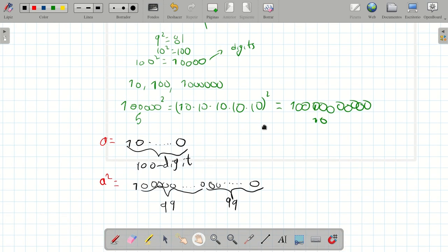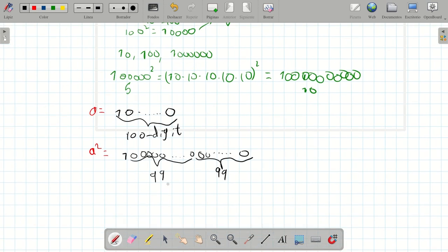So you can recall that if you square this kind of number, you double the number of zeros.